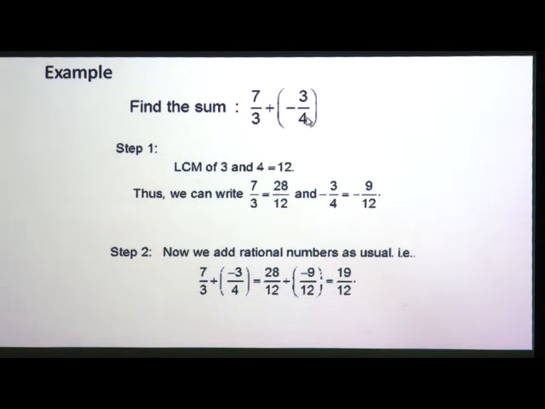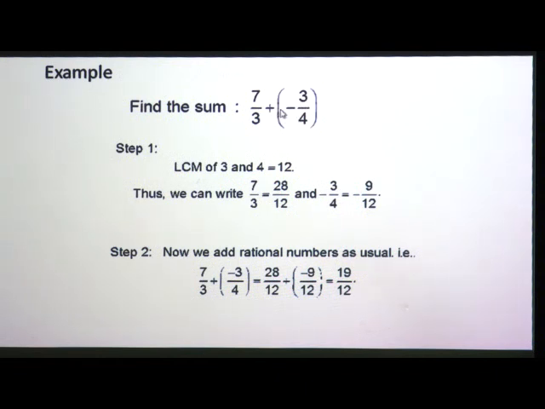We had seen on the number line and solved directly when the denominators were same. Here both the denominators are different. Find the sum. Sum is nothing but addition. So, 7 upon 3 plus, inside the bracket, minus 3 upon 4.